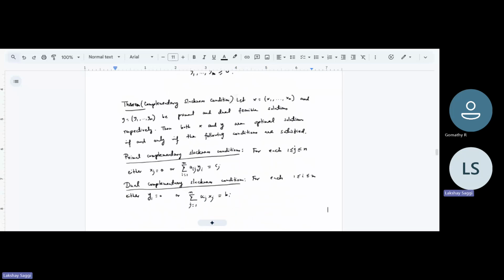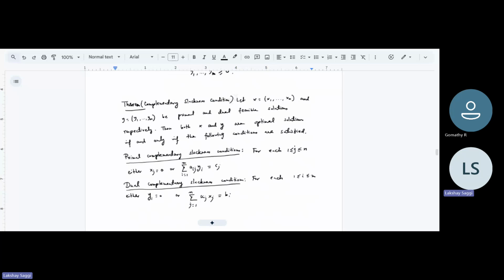And then there's this theorem which is a really interesting theorem, the complementary slackness condition. So suppose you solve these LPs and you have some solution, where X is a primal feasible solution, and Y is a dual feasible solution. So we are just talking about feasible, not optimal.